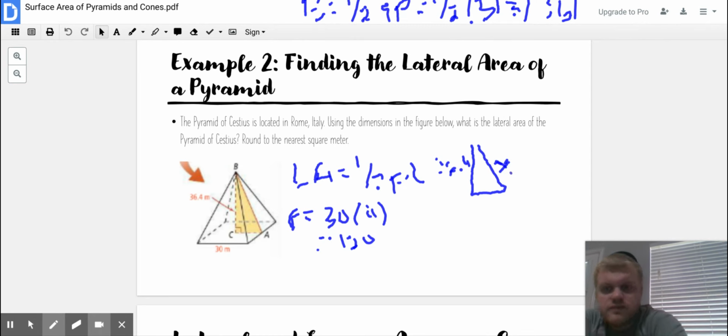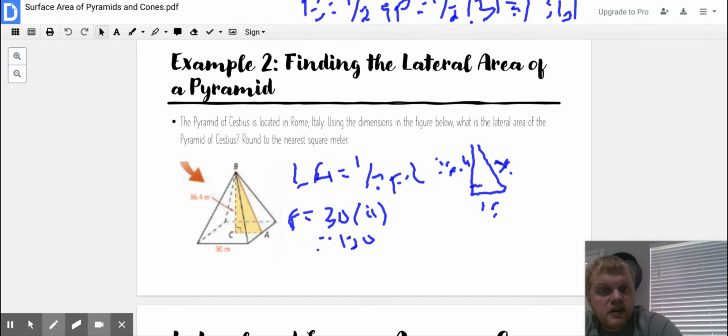To find that slant height, we have to use the information given to us. That C we see in that triangle is the center point of our base. If a full side length is 30, then half of that, because that's the center, is going to end up being 15.